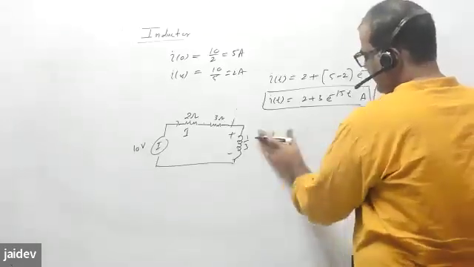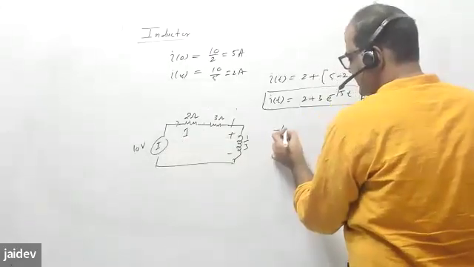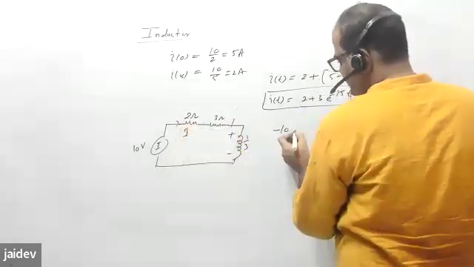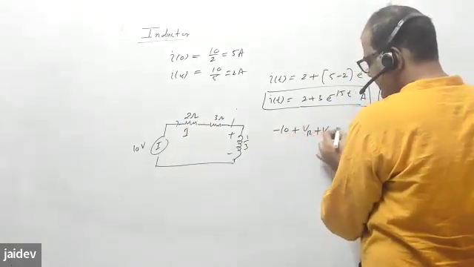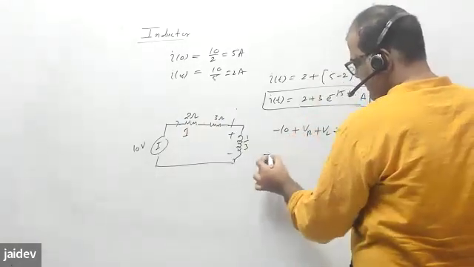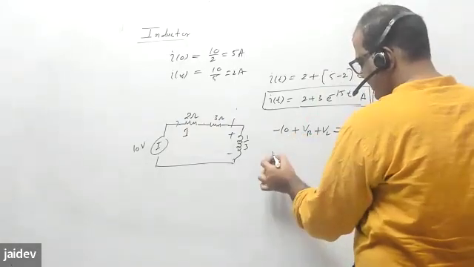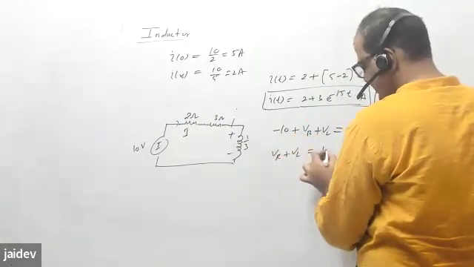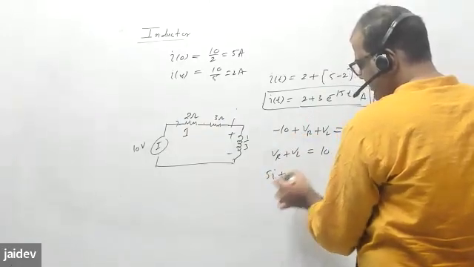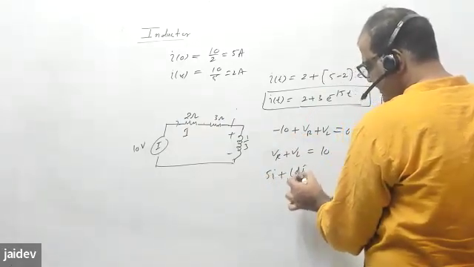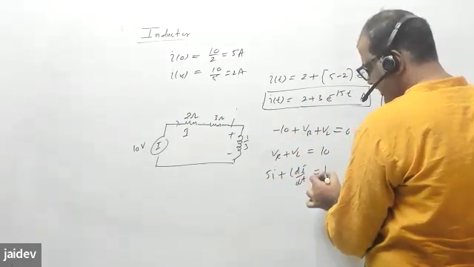So minus 10 plus VR plus VL equals 0. So 10 equals VR plus VL. VR is 5i, and VL is L di by dt, equals 10.